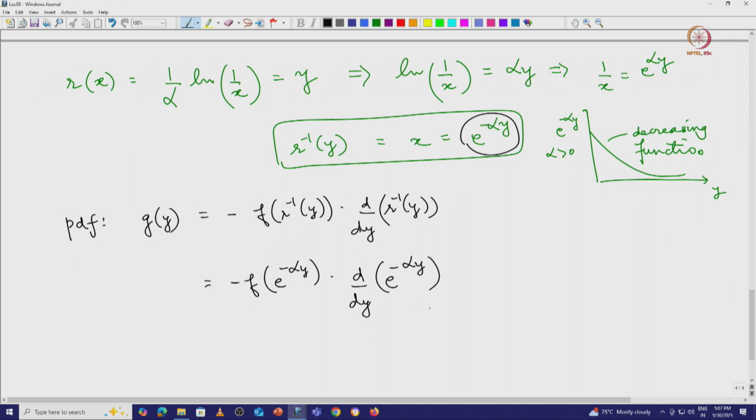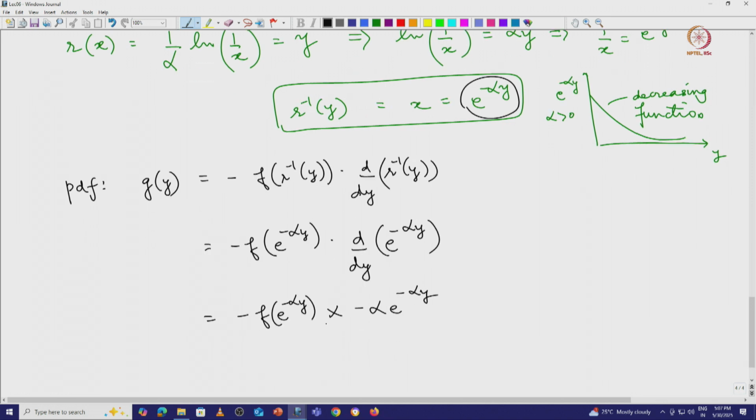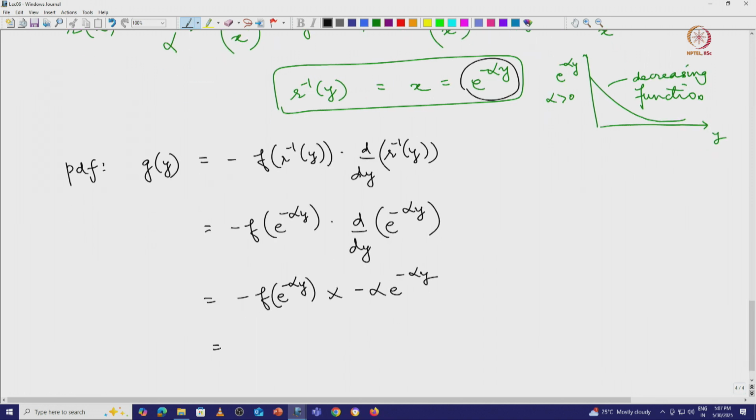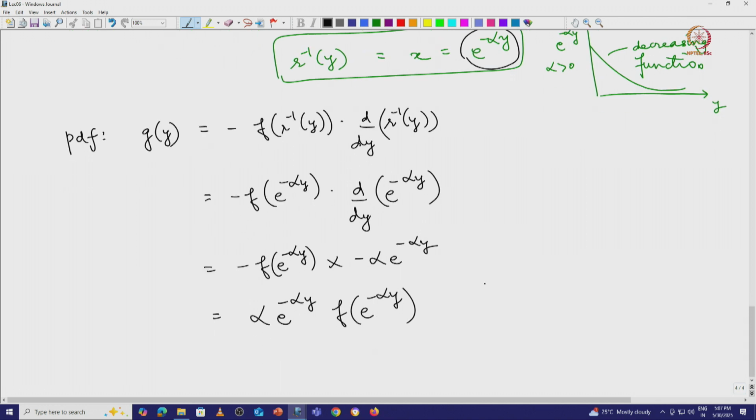Now you know how to take the derivative of e to the minus alpha y, that is simply minus alpha times e to the minus alpha y times minus f of e to the minus alpha y. So this simply becomes alpha e to the minus alpha y times f of e to the minus alpha y. Fair enough.